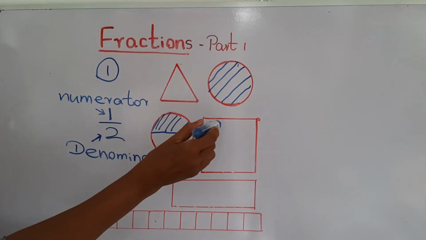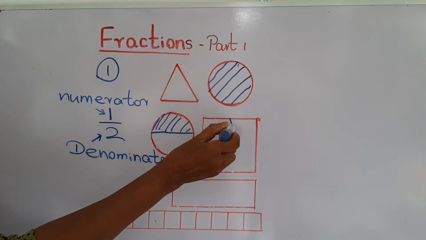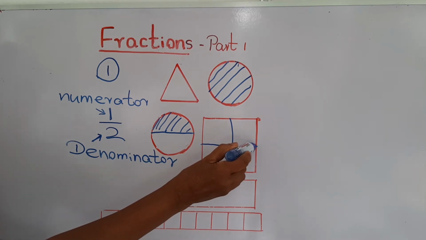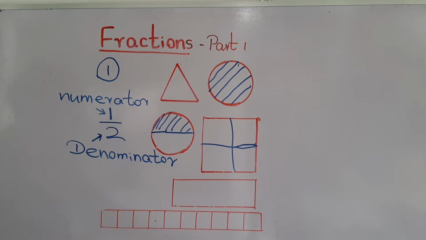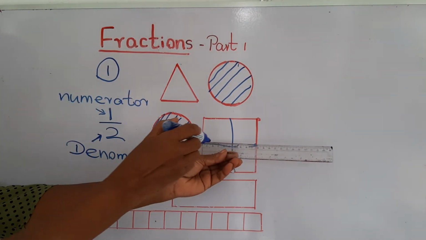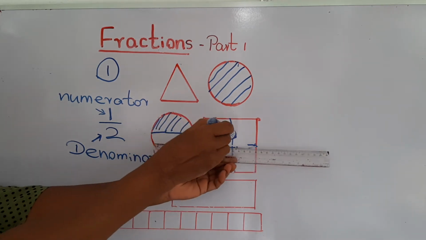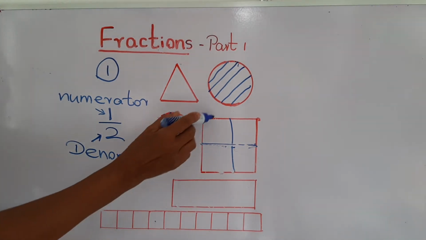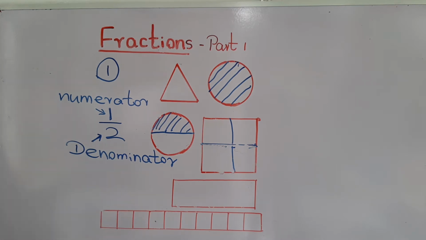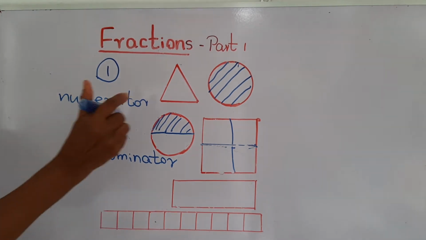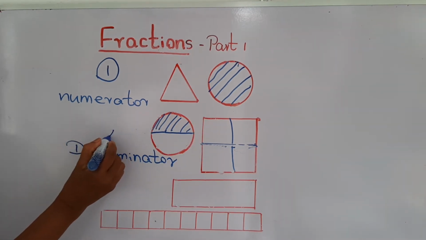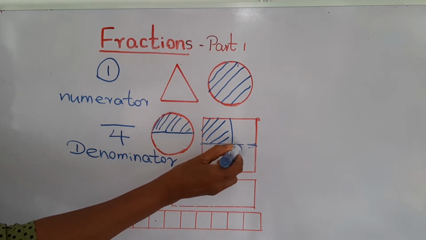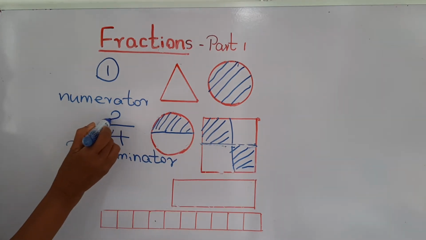Okay, we'll see. Now here in this square, I divided it into 4 parts. Out of 4, I shaded 2 parts.